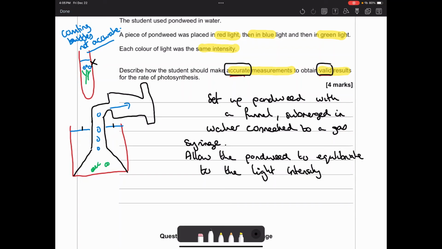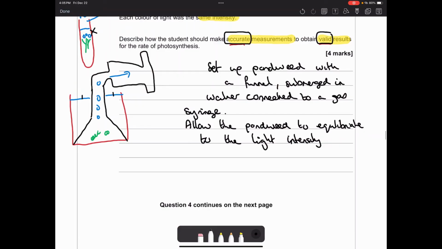Get it to a stage where it is consistently photosynthesizing. What you would then do, after you've got it into certain conditions, is allow the pondweed to photosynthesize for a period of time. You can make it up, it's your method.